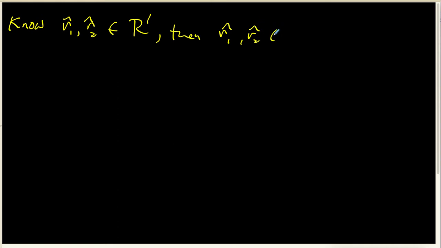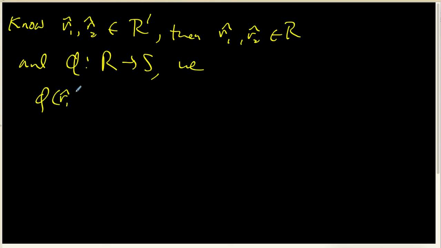Well, let's see. I know that if I take R1 hat and R2 hat belonging to R prime, then R1 hat and R2 hat also belong to R. And when I think about phi as going from R to S, we already know that phi of R1 hat plus R2 hat is equal to phi of R1 hat plus phi of R2 hat.